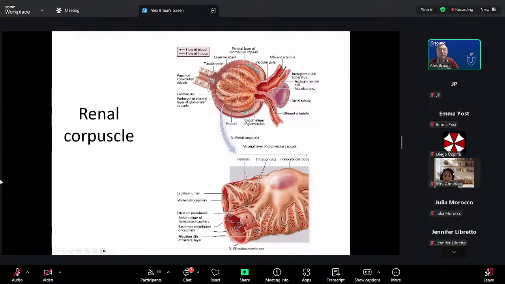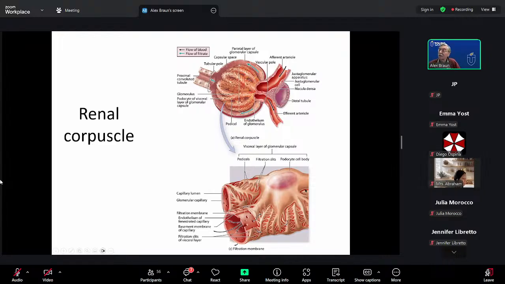The secondary processes are sometimes called pedicels or foot processes, and the pedicels or foot processes interdigitate like this, leaving a thin slit space between them. So the podocytes have these secondary processes that interdigitate and form slit spaces between them.